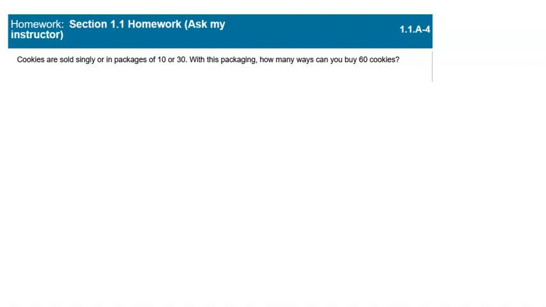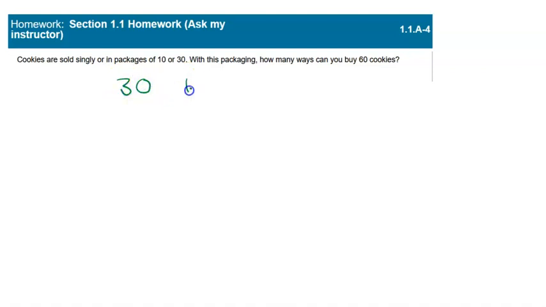So a way to organize one of these packaging problems really is to do a chart, okay? So what I'm going to do is just draw a table, and in my table, what I want to do is put the different ways we could package the cookies, with the largest one first. That makes things easier. So I'm sorry, 30 is the largest, right? 30.